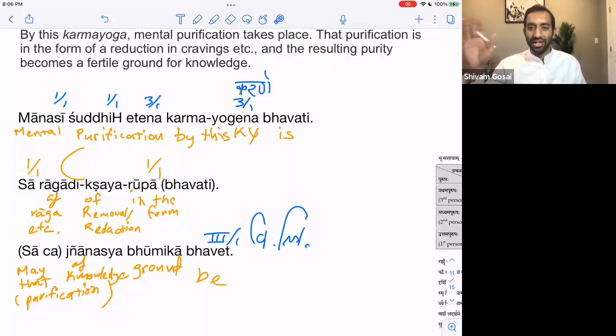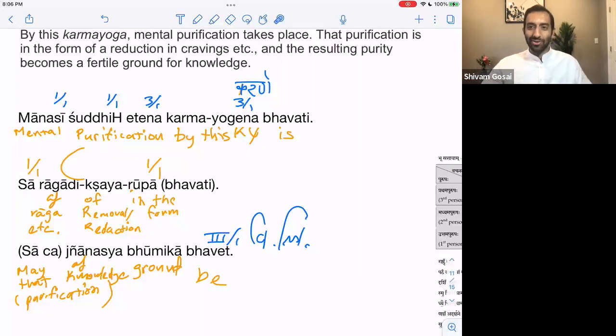Sa ragadikshaya rupa: that purification is in the form of reduction of likes and dislikes. Sacha, and that purification, bhavet, becomes jnanasya bhumika, the fertile ground of knowledge.